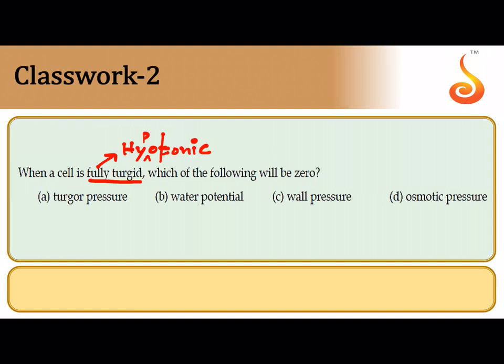Hypotonic means it has become dilute. It will not become 0 completely, but what nears the value of 0 is the water potential, because in a hypotonic or dilute solution, the water potential is the highest, and the highest value of water potential is 0.